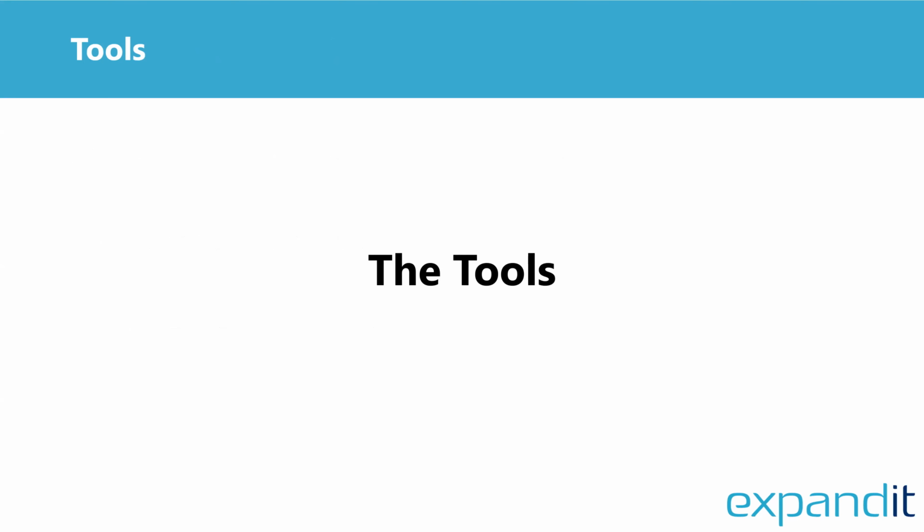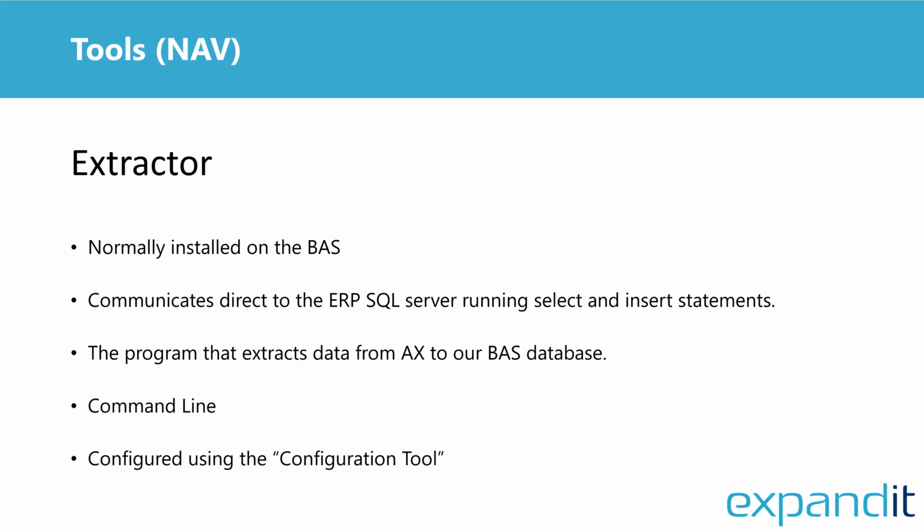So let's talk about the tools that actually perform this integration, that actually push or pull or configure the data to be pushed and pulled. The first one is the extractor. The extractor is normally installed on the BAS. We're going to stick with that as part of the setup, but there are other possible setups depending on security concerns.